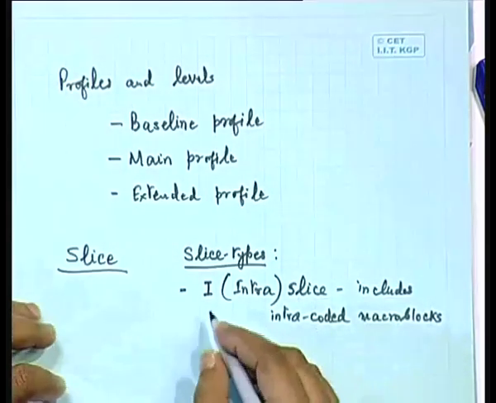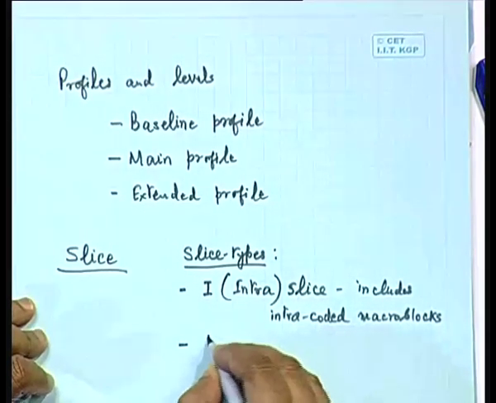You will definitely incur that header information as an extra overhead. So from that point of view, if you are able to reduce the number of slices, it is definitely better. One of the slice types is the intra or I slice, the other is the P slice.